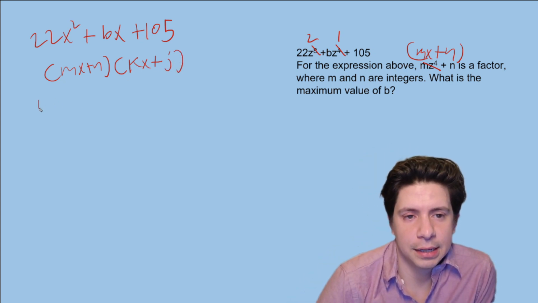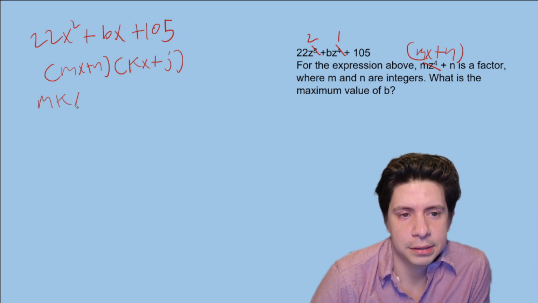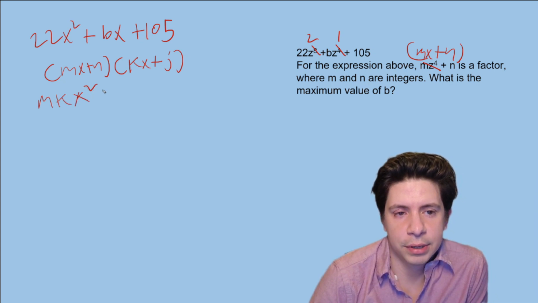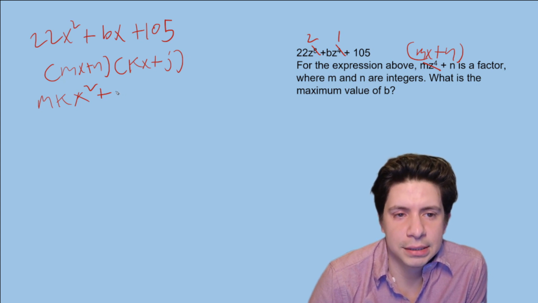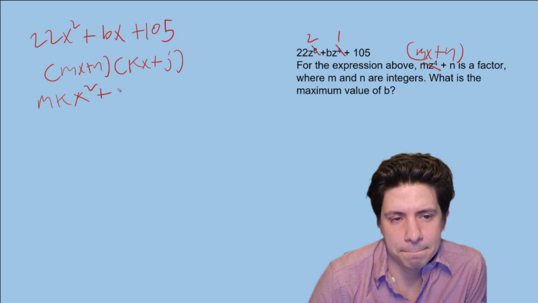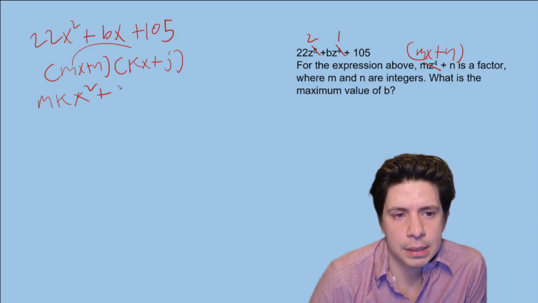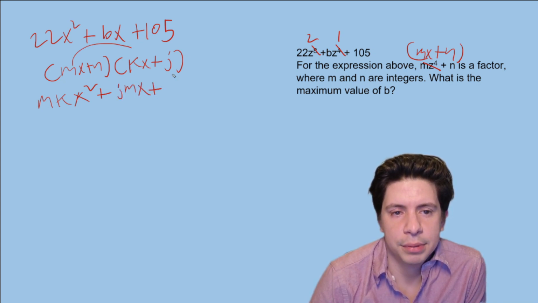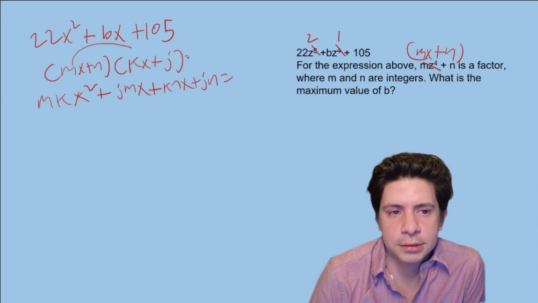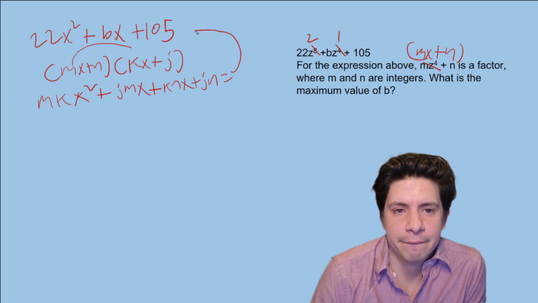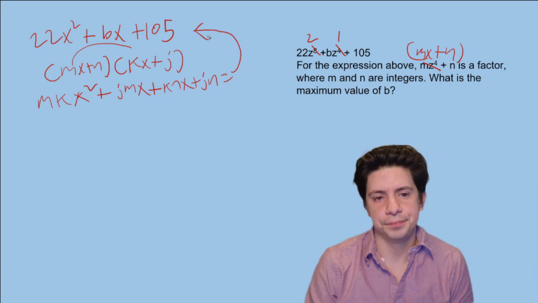We're going to get mk x squared plus jmx plus knx plus jn equals this, right?